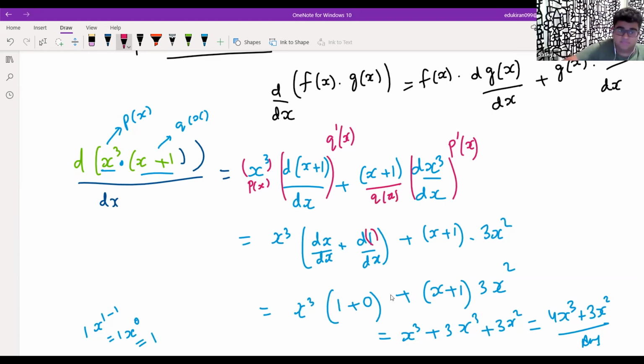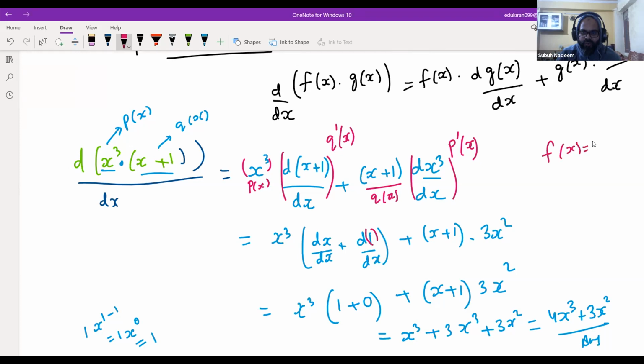No, no. In the p dash x, we have dx cube by dx. That is x to the power n, so that will be nx to the power n minus 1. Yeah, I get that. But then, does the derivative go? No, that is a way of writing it, like how you used to write it. If fx is equal to x cube, then f dash x is equal to 3x square.